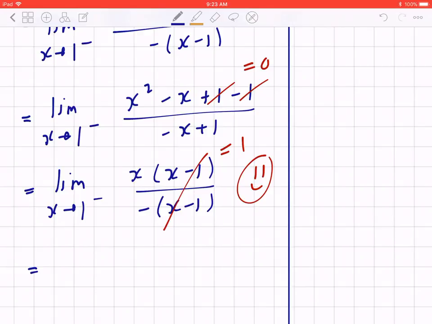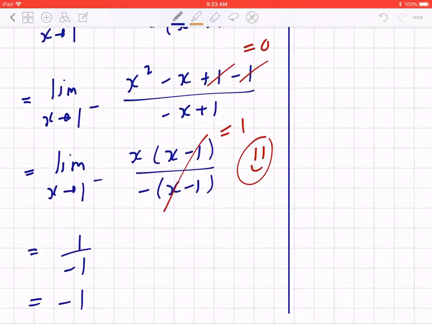Never skip step 1. So now that I factor x minus 1 from the top and the bottom, I go back to step 1 and I plug in x to be 1. In this case, this is going to be 1 divided by negative 1, which equals negative 1.